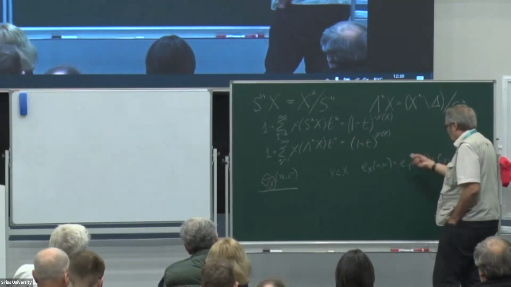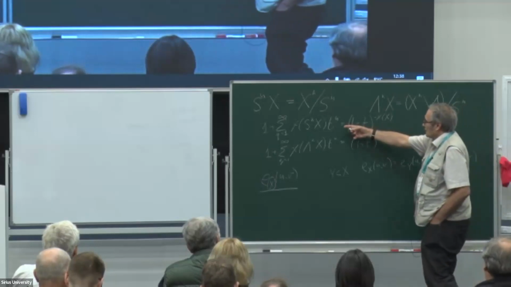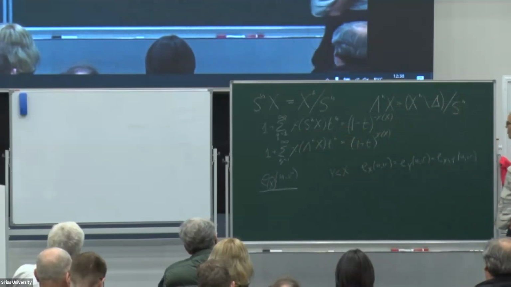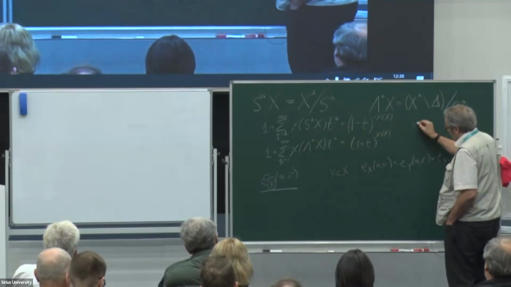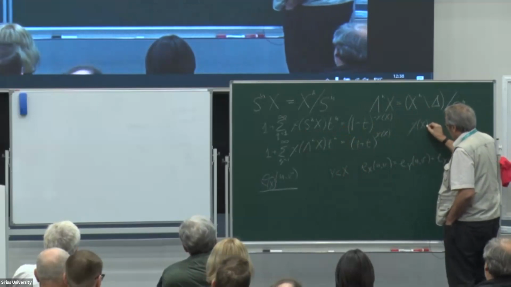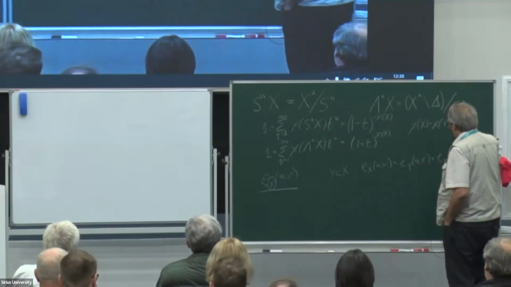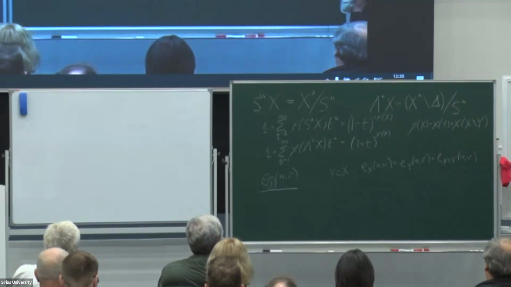This is the additivity of this polynomial. I told you that the Euler characteristic, defined through cohomology groups with compact support, is additive, and additivity means just that the Euler characteristic of X is the Euler characteristic of Y plus the Euler characteristic of X minus Y. Here is an analog of this.